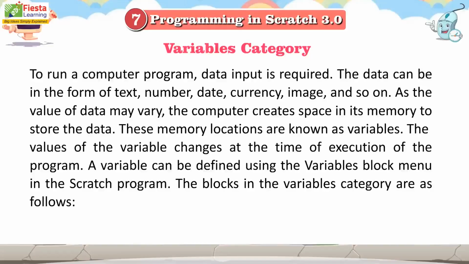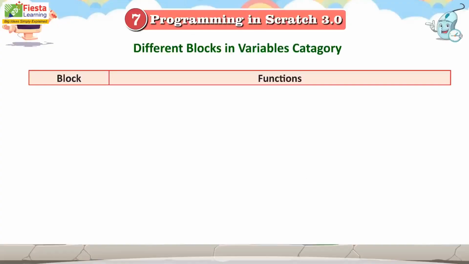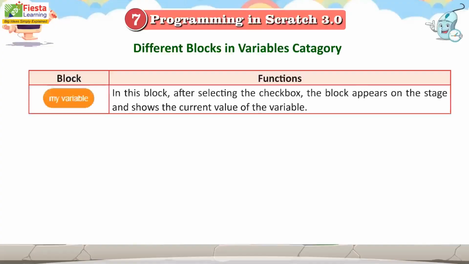The blocks in the variables category are as follows. Different blocks in variables category. My variable. In this block, after selecting the checkbox, the block appears on the stage and shows the current value of the variable.